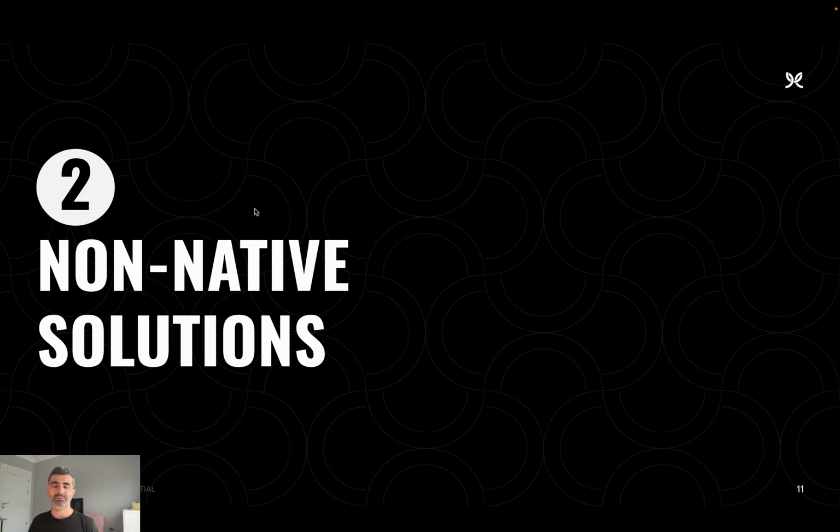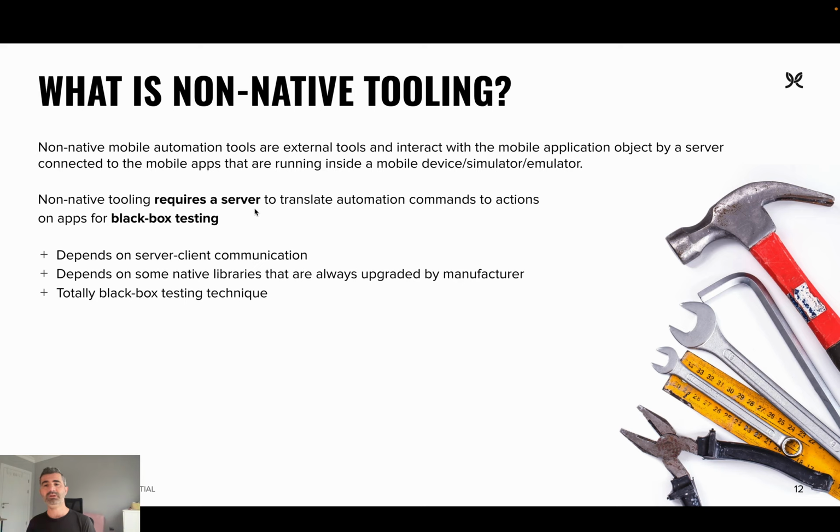Okay, the first kind of mobile automation tooling is non-native automation toolings. Let's talk about them. We say non-native because it is not inside the development framework itself. It is not an internal library.